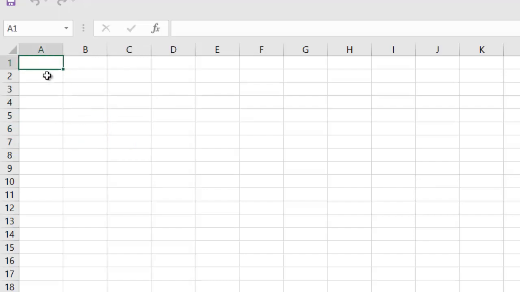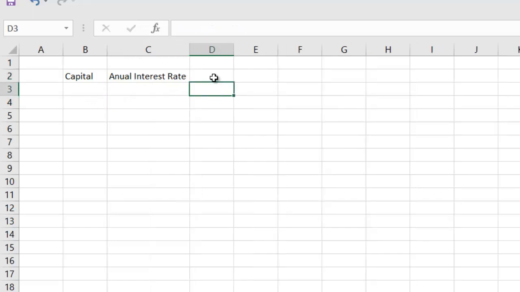Okay, so the very first thing is to start with a few labels or names that we're going to talk about. The first one is the capital. This is what we're going to owe the very first time. We're going to talk about an annual interest rate and a monthly interest rate.